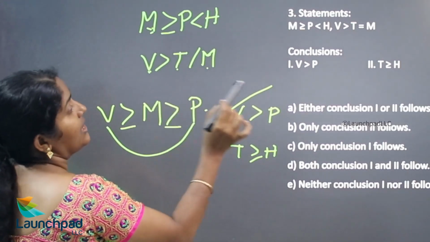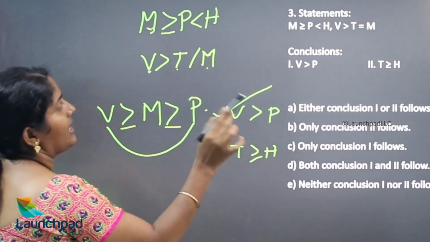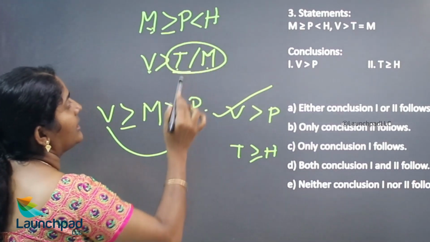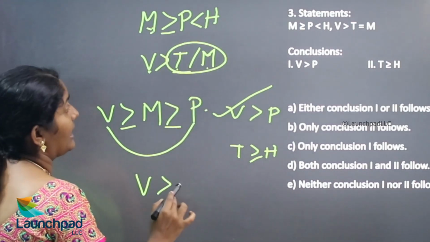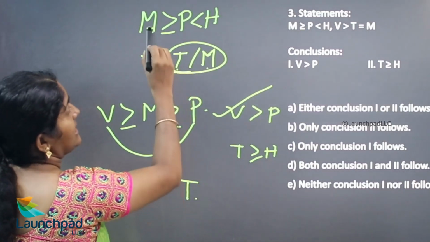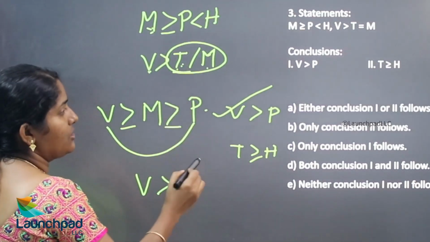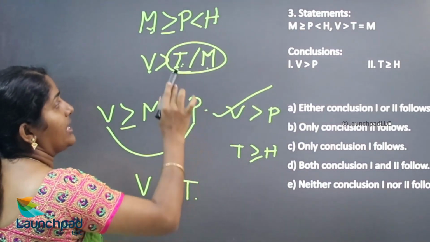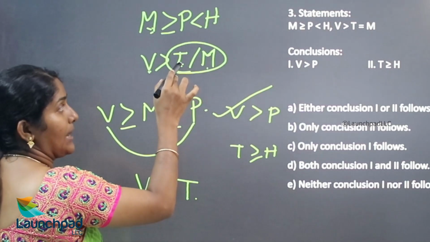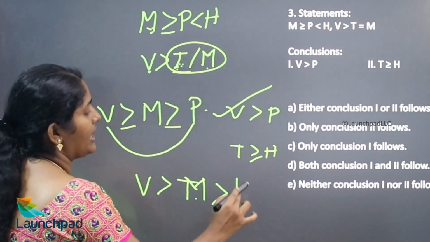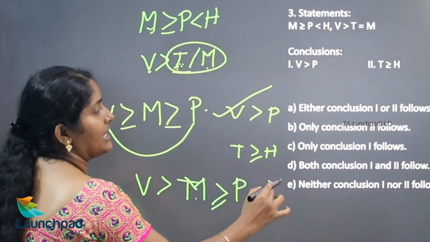After that, T greater than or equal to H. V is greater than M, and M is greater than or equal to P. P is less than H now.